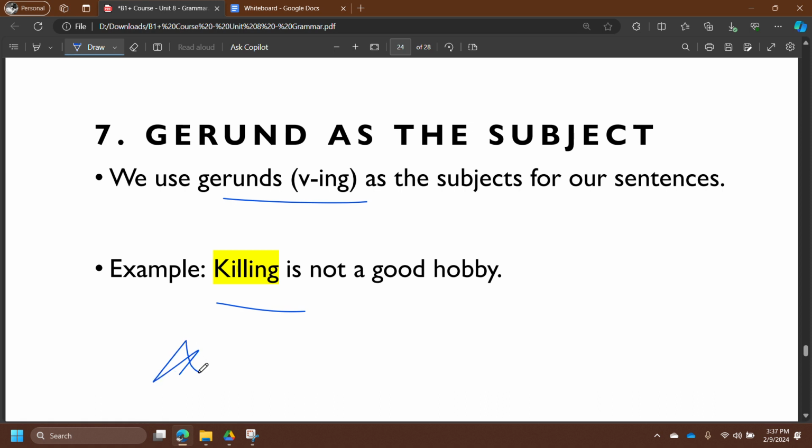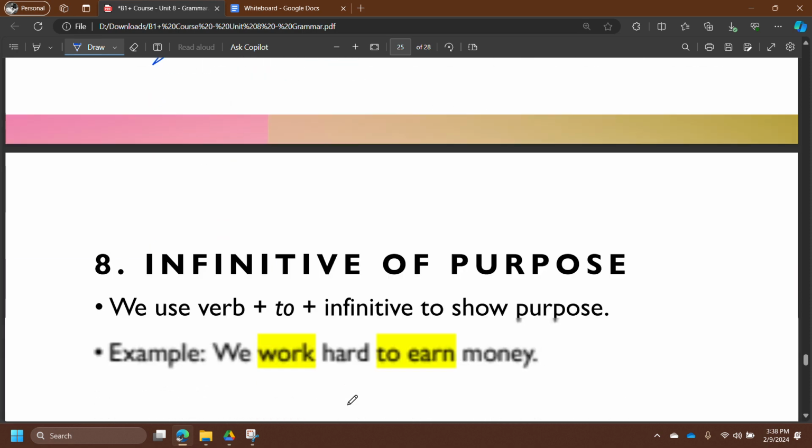But you could say to kill is not a good hobby either. But it's just not very common. Modern English doesn't really allow it and is not really okay with it, so we're not gonna use it. Much more if you want to be correct most of the time, at least use gerund as a subject and not an infinitive.